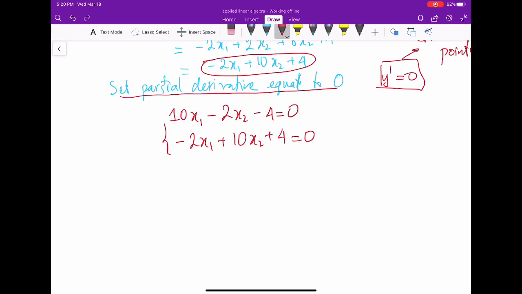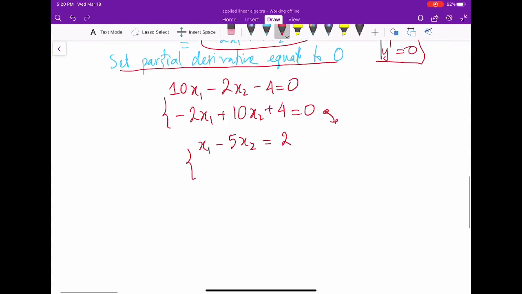I will interchange the 2 equations. So from the second one, I get x1 minus 5x2 equal to 2. And from the first equation, I get 5x1 minus x2 equal to 2.